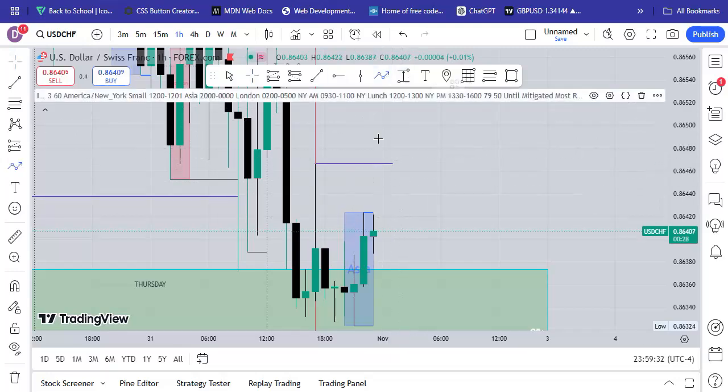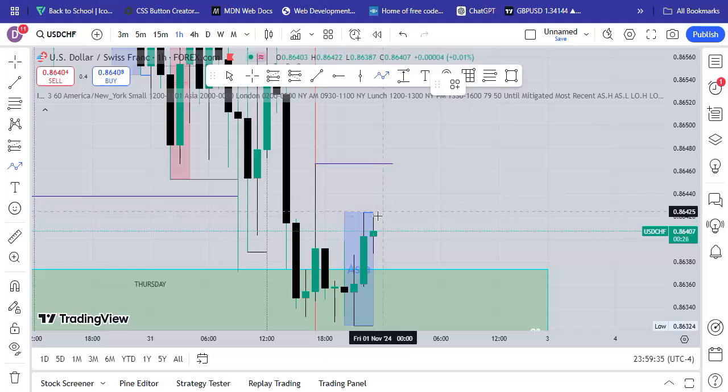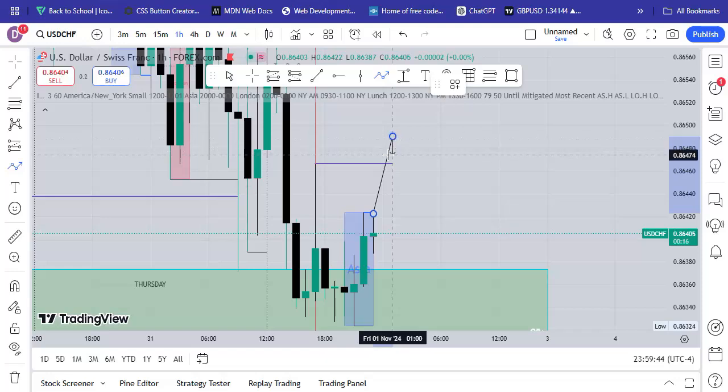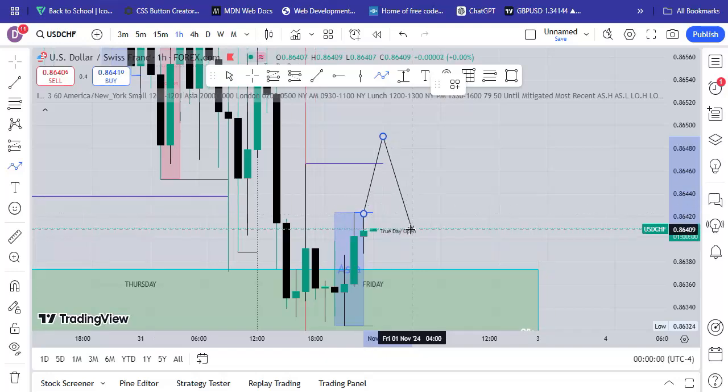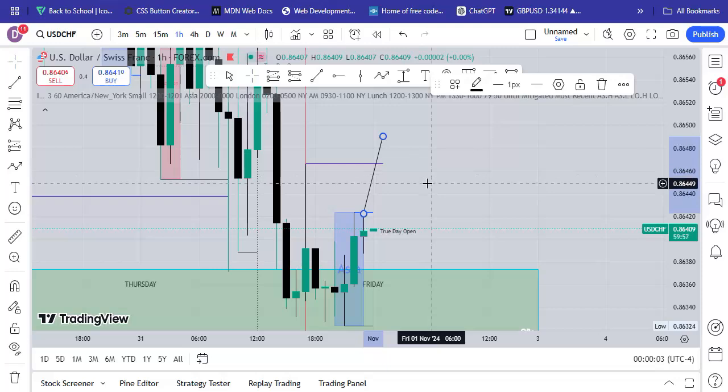So if we have a very strong move with a body closing on top, and price retraces maybe into a fair value gap, any bullish PD array can confirm to me that okay, right now we've had this candle open.